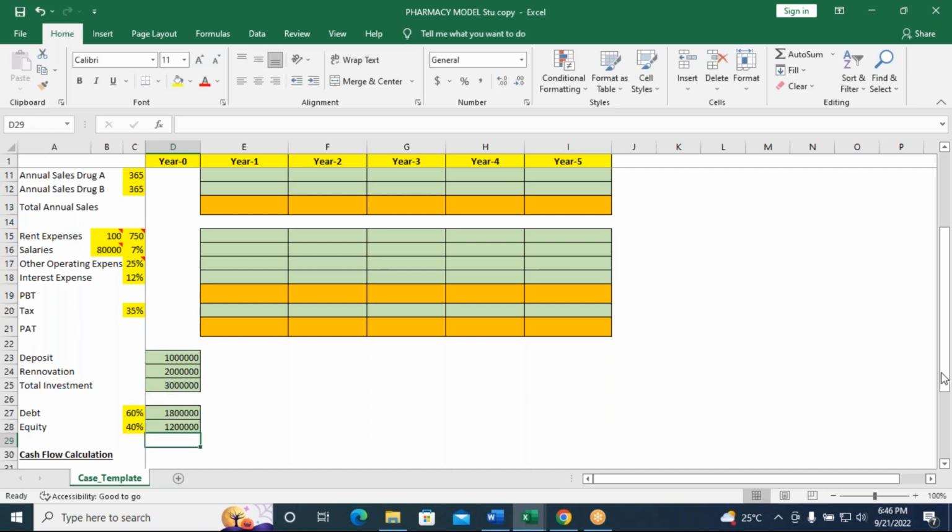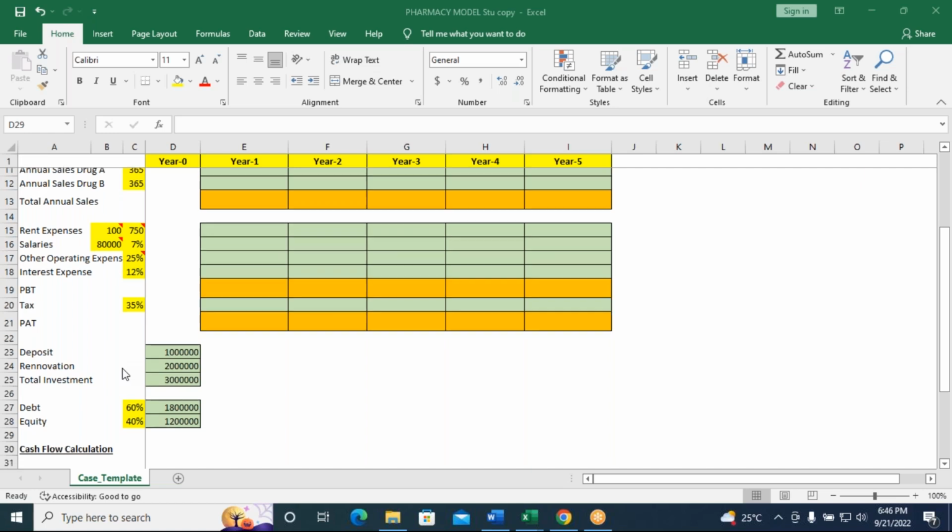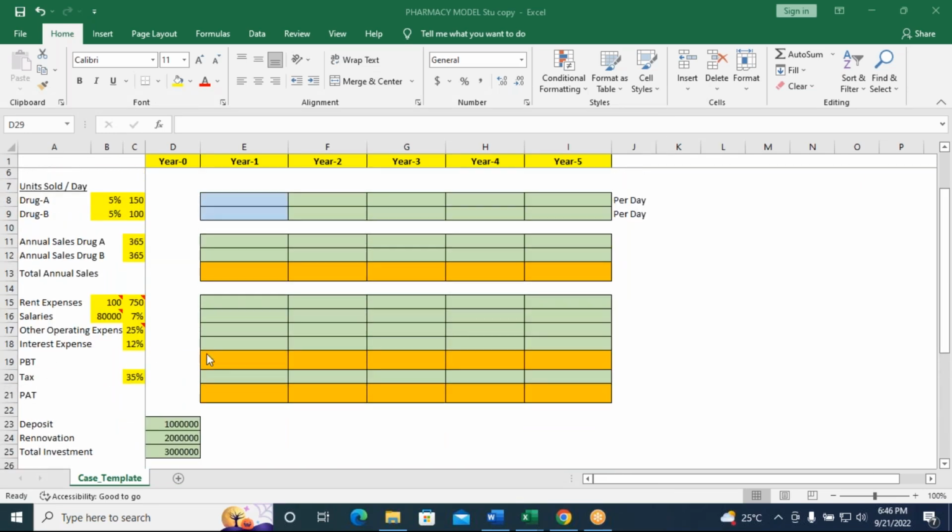Enter. So girls, please solve this. I'll come back. Girls, do this calculation till the equity.